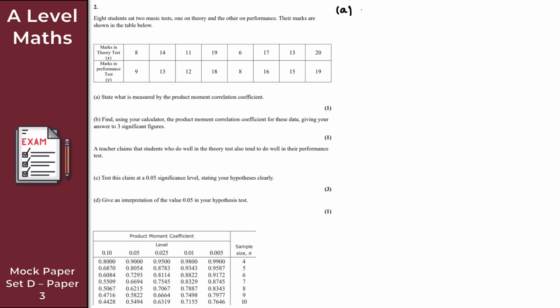Let's just try and summarize that here then. So the PMCC measures the type and strength of linear correlation.